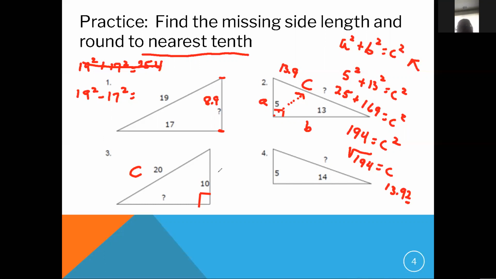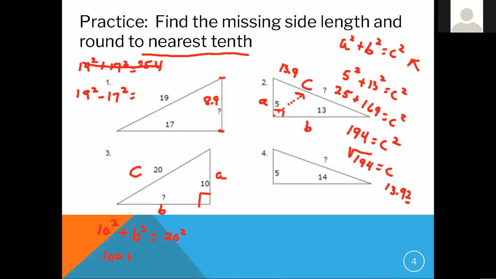Okay, and then I'm going to label this question mark B. Now when I do this, I have 10 squared plus B squared, because I don't have a number here for B, equals 20 squared, because I just plug those numbers in for A, B, and C. What is 10 squared, everybody? 100.